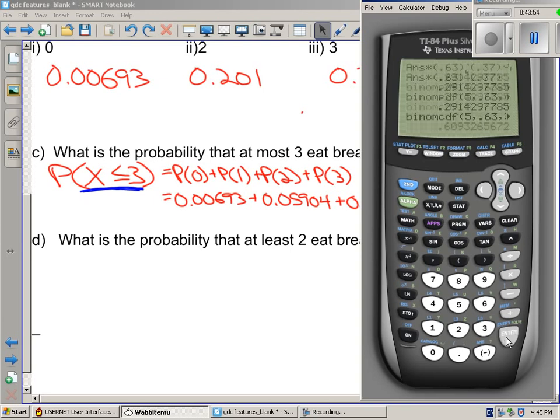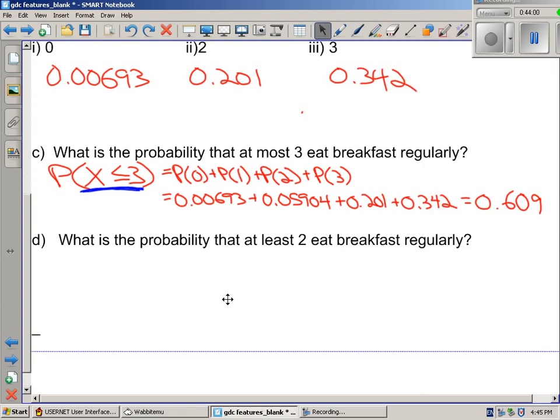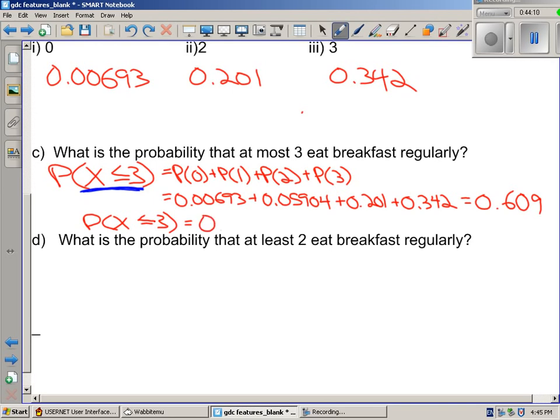I can paste it in. And it figures out 0.609 for me nice and quickly. If you're not sure, stick with the binom PDF. But we have a nice little way here of doing the binom CDF and finding probability of up to 3.